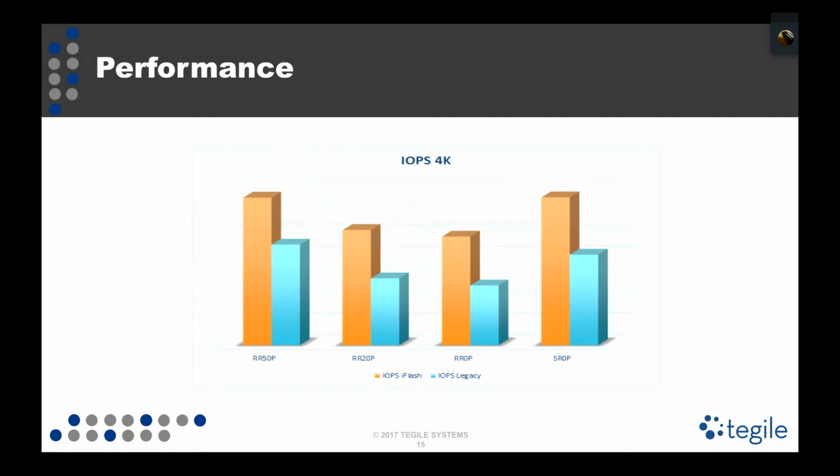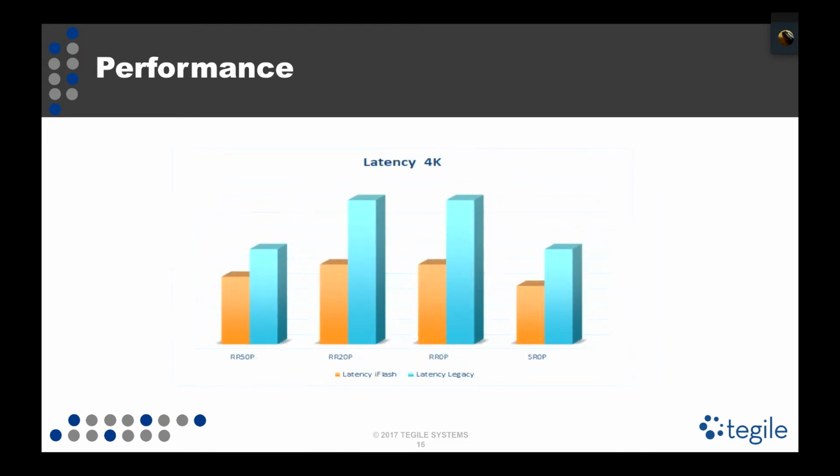I'm showing 3 sample IOmeter performance runs because they are kind of the worst cases for random performance: a mixed load of 50% random write and 50% random read, and RR0P, which is absolutely 100% random write. As you can see, with the same set of devices, there's no change, yet 4 SSDs used in a different model provide almost twice the performance, and latency is also significantly reduced because we have more bandwidth or IOPS available during serving.